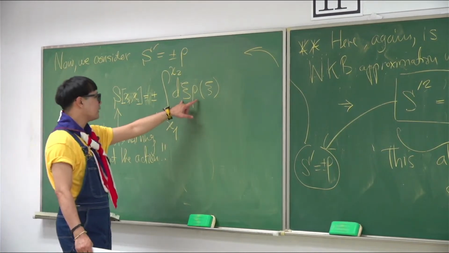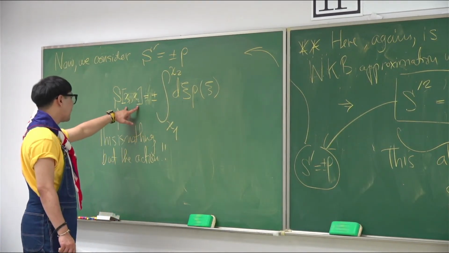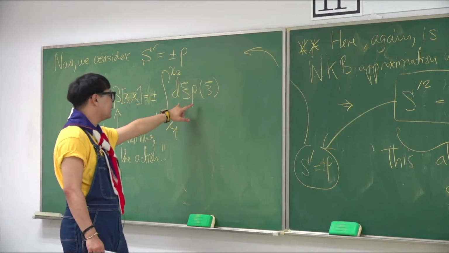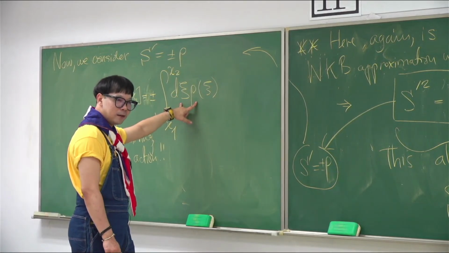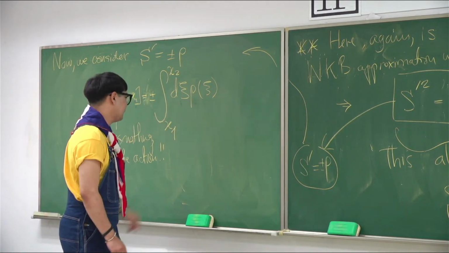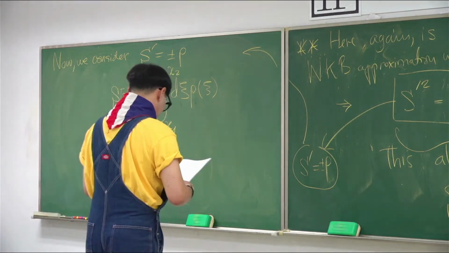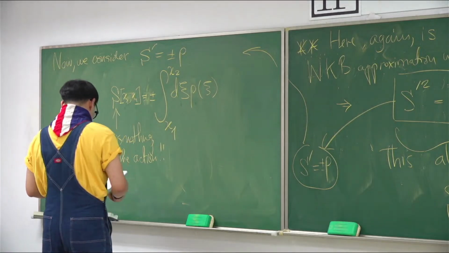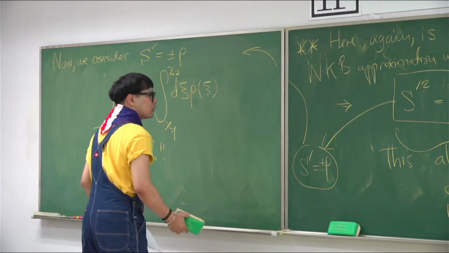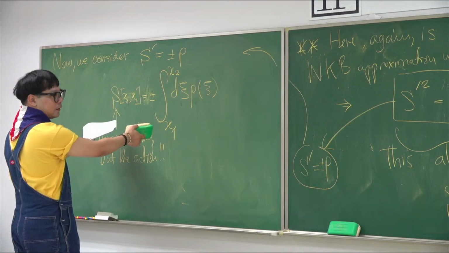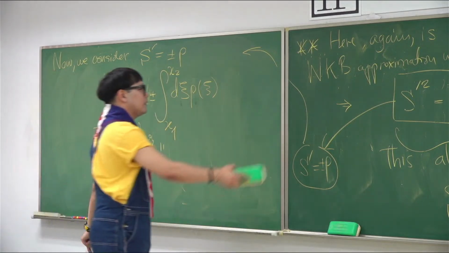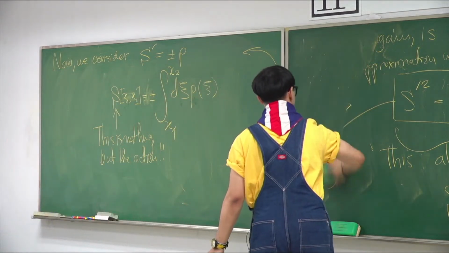And of course, if you doubt what I'm saying, you can check the dimension, right? The dimension of this is going to give you exactly the same as the dimension of the action. Okay. Then, once you get this, you can write your solution now.